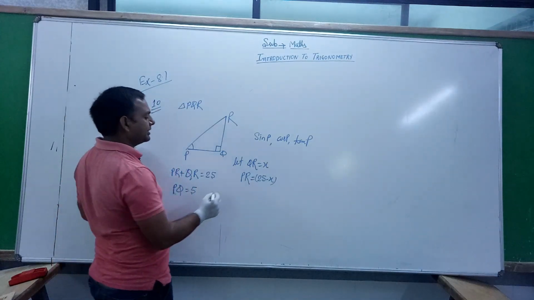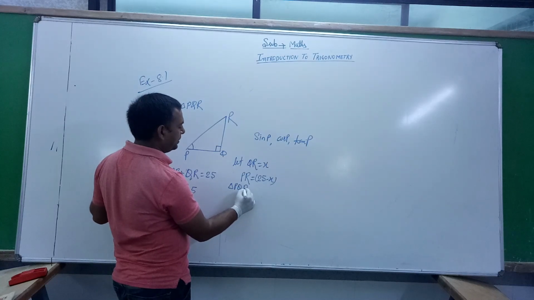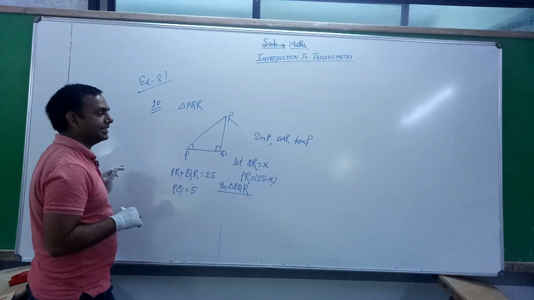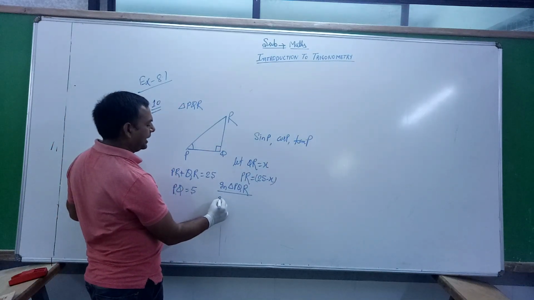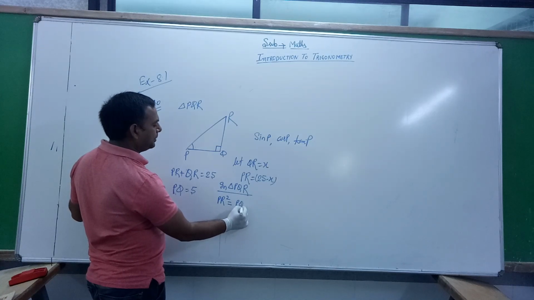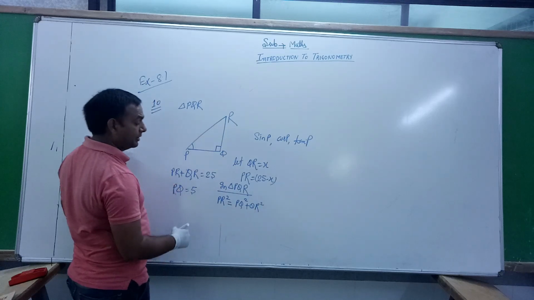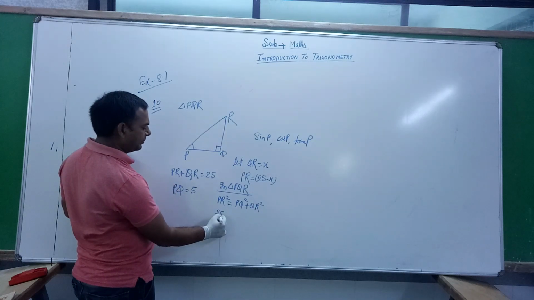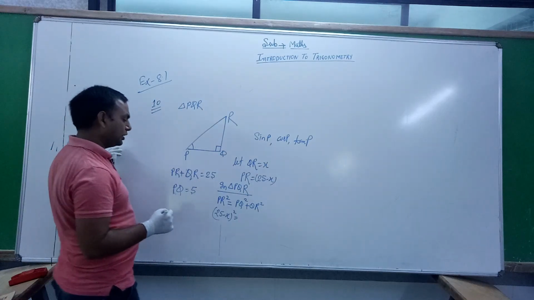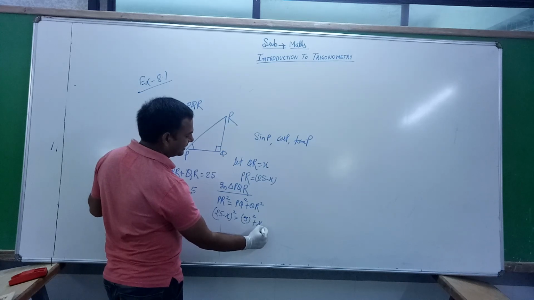According to the Pythagoras theorem, in triangle PQR, PR square is equal to PQ square plus QR square, right? PR means 25 minus x whole square, PQ means 5 square, QR means x square.